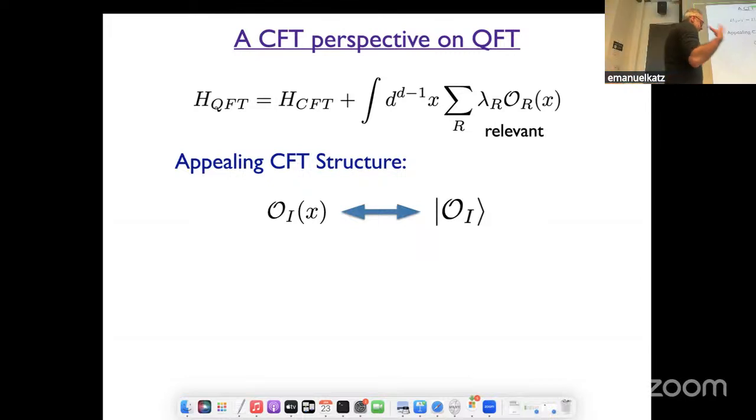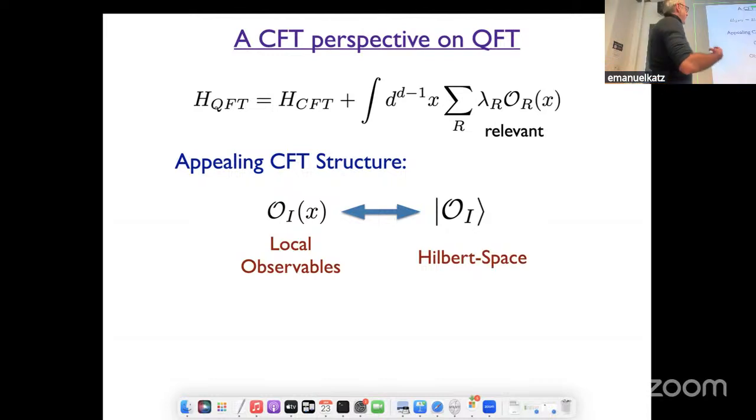So this framework has an appealing structure because it inherits the structure of the CFT, whereby the CFT has a connection between the local operators, so if you like, the observables of the CFT, and the states of the Hilbert space. So CFT has this nice structure which links the observables with the Hilbert space.